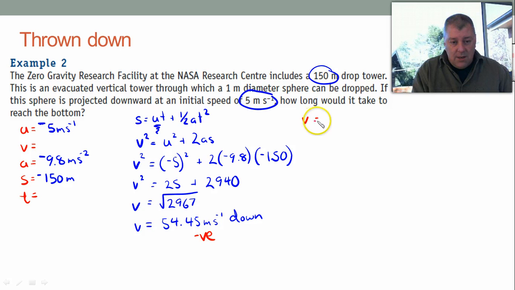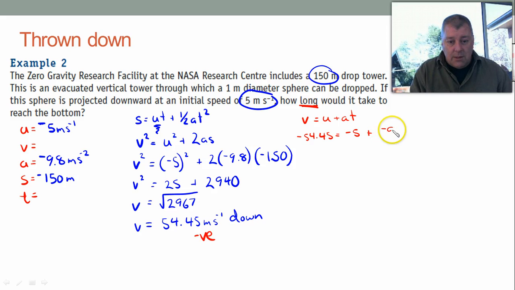So now let's work out the next part of it. v equals u plus at, because we are after the time, and so this is going to be minus 54.45 equals minus 5 plus minus 9.8 bracket t.